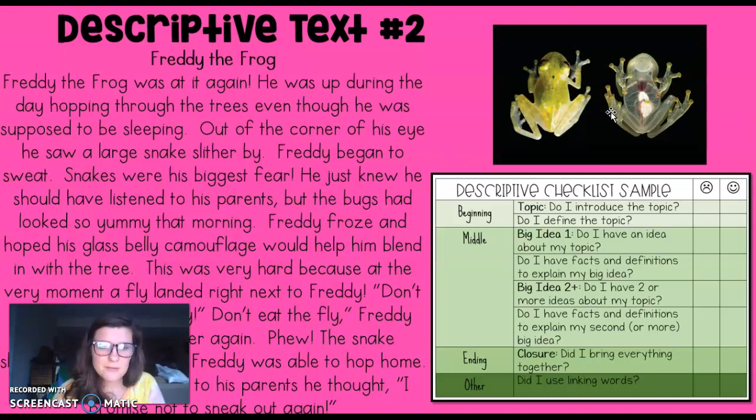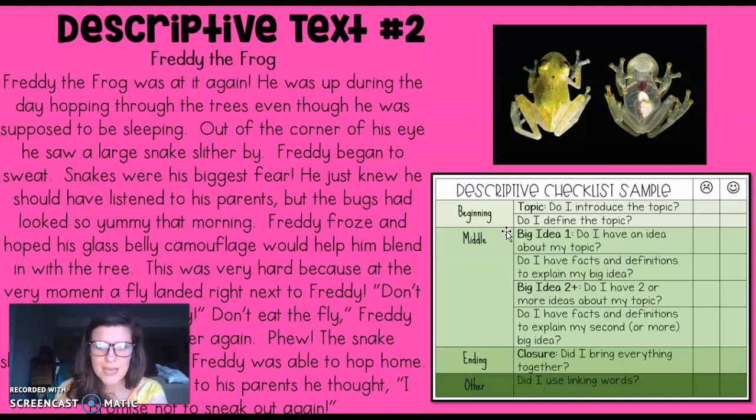So when we do descriptive writing, we have to remember that in the beginning, there needs to be a clear topic that is defined. In the middle, there needs to be one idea that has facts and definitions. And then our bonus is that there's 2 or more. So you have to have at least 2 ideas about the topic with facts and definitions.